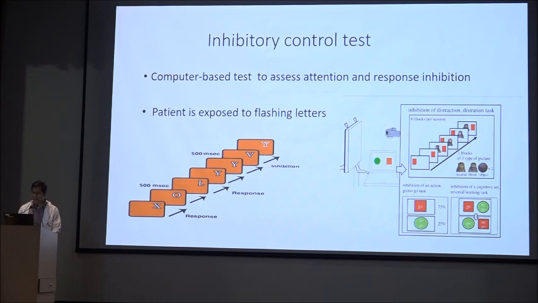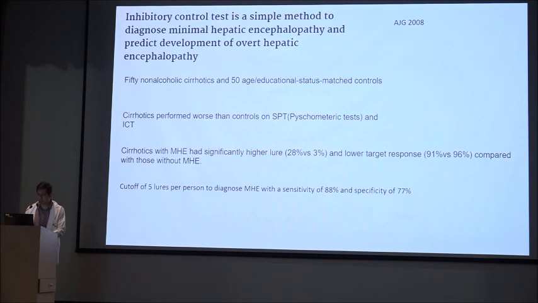So this is again based on the inhibition of distraction, which is very important for patients. It looks at your attention and your response inhibition while you are shown these test stimuli. A very old study in 2008 had looked at these methods to diagnose MHE as well as to predict overt hepatic encephalopathy.